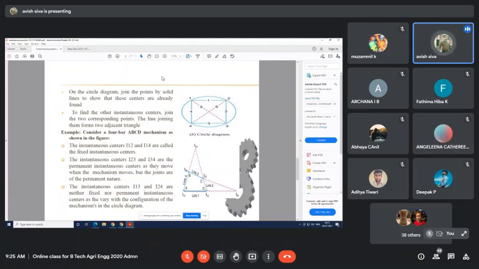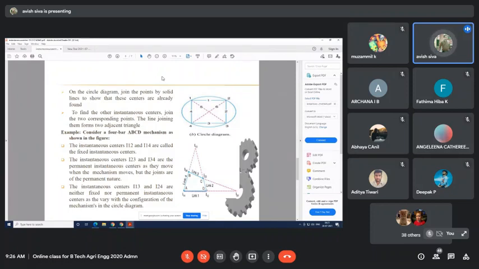The first 2 types, fixed and permanent instantaneous center, are called primary instantaneous centers. And the third type, neither fixed nor permanent, is called secondary instantaneous center. So we have to go in detail with what is fixed, what is permanent, and what is neither fixed nor permanent instantaneous center.